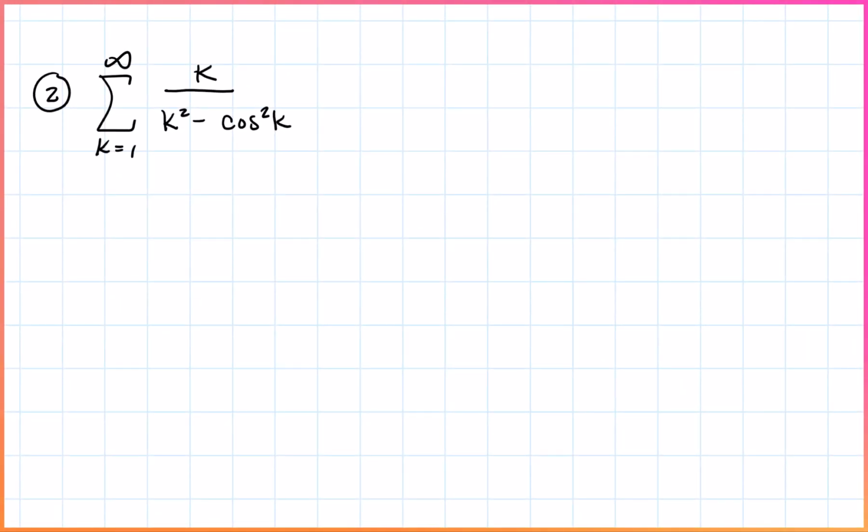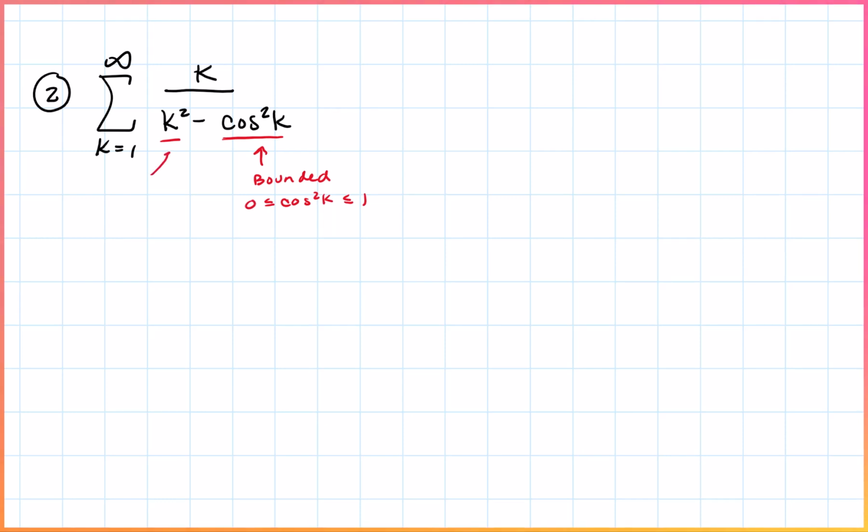Okay, so let's take a look at this guy. We've got k over k squared minus cosine squared of k for the terms of the series from k equals 1 to infinity. Now, very similar to how we thought about the last one, I'm looking at this denominator, and for one, this term in the denominator is bounded. Cosine squared of k is always less than or equal to 1, and since it's squared, it's always greater than or equal to 0.